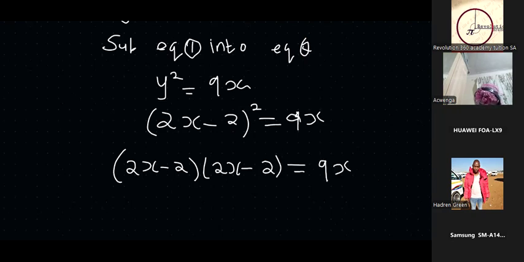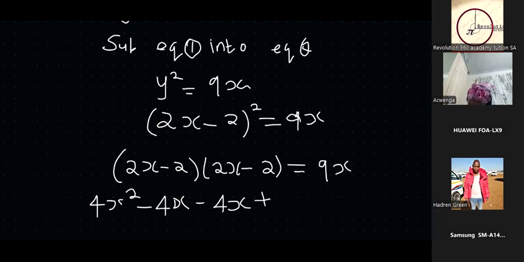Then 2x times minus 2, that's minus 4x. And minus 2 times 2x is minus 4x. And then negative times negative is positive, 2 times 2 is 4. It equals 9x.